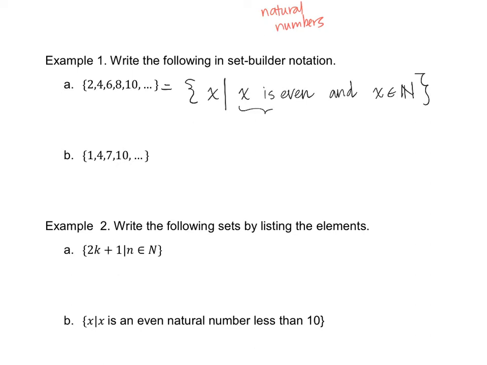Now, another way to say that x is even is you could say that x is equal to 2 times n, where n is a natural number. You could say something like that too. This is just another way to represent even, because even means that it could be divided by 2.